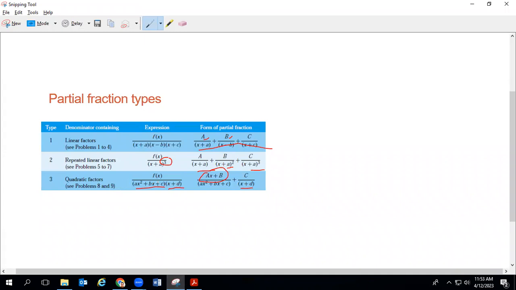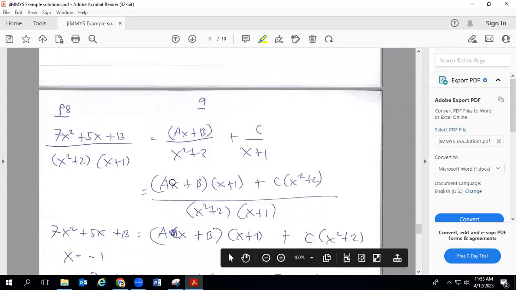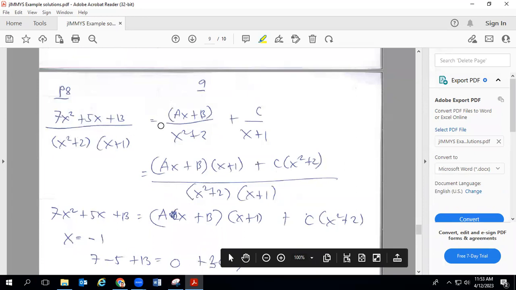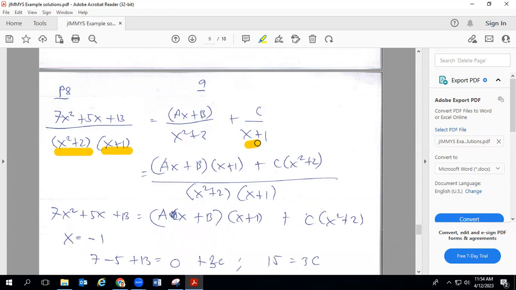If you consider this quadratic form, the numerator should be ax plus b, or it could be bx plus c. Here, instead of c, you write a. So in this case, you have x plus b, then copy this one, and x plus 1. Just continue a, b, and here you have c. Combine this one, and come up with this.